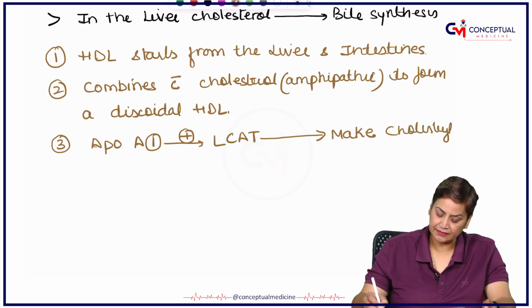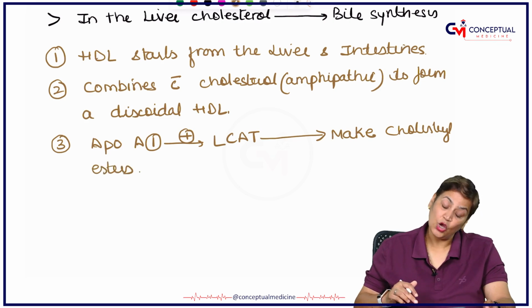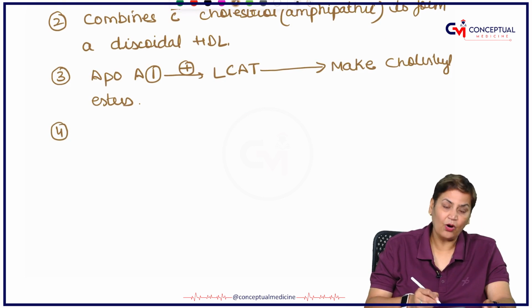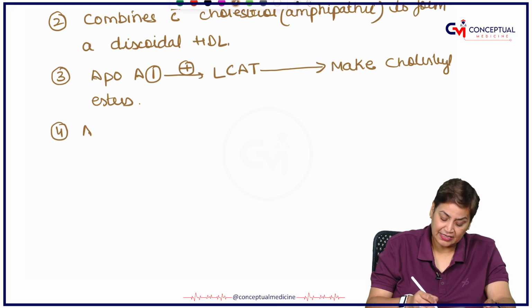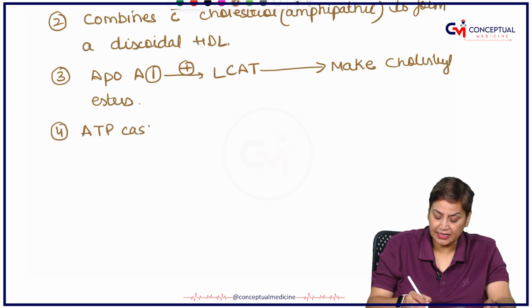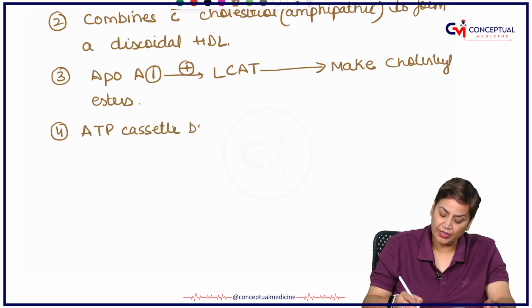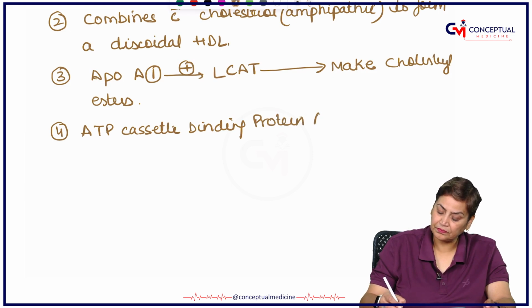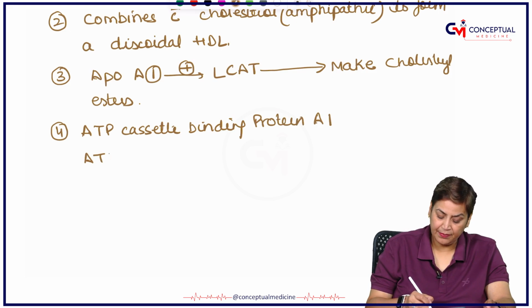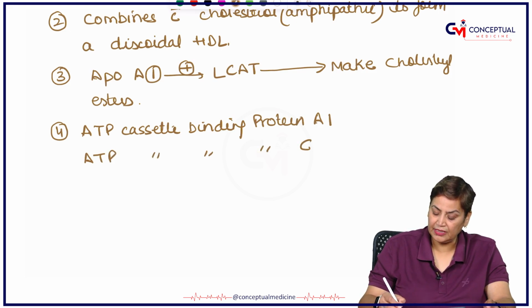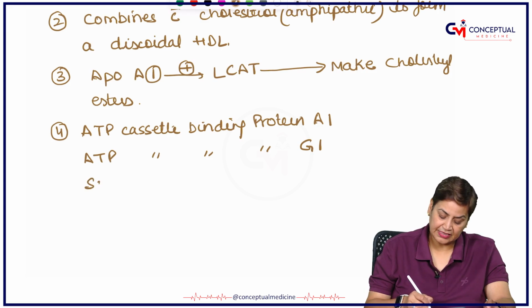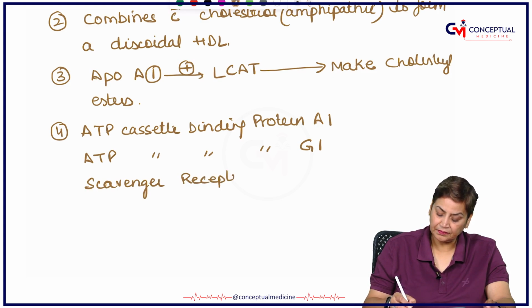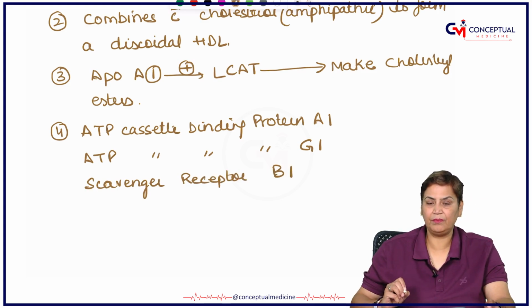On the other hand, other peripheral organs also have different proteins like ABC-A1, which is ATP binding cassette protein A1, then ATP binding cassette protein G1, and the third one is scavenger receptor binding protein B1.